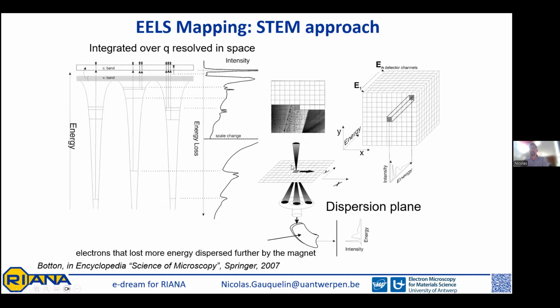And then what you can do is raster your electron beam across the sample and get in each of those pixels an EELS spectrum, which will give you a three-dimensional data cube that you can cut in any direction and get atomic maps or locally resolved maps of your different edges.